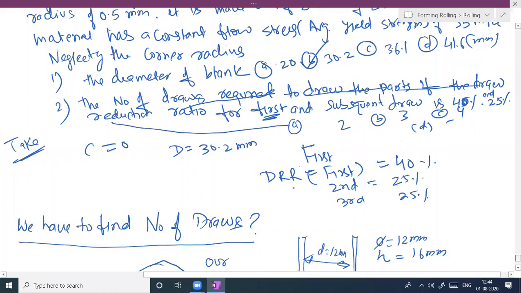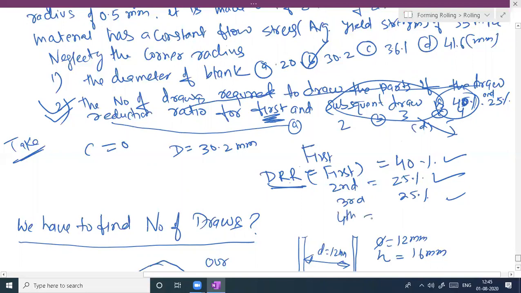So it is given, DRR, draw reduction ratio, 40% for the first, second 25%, third 25%.